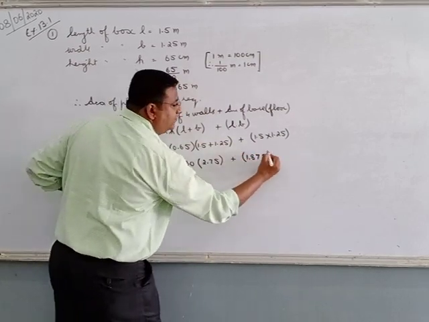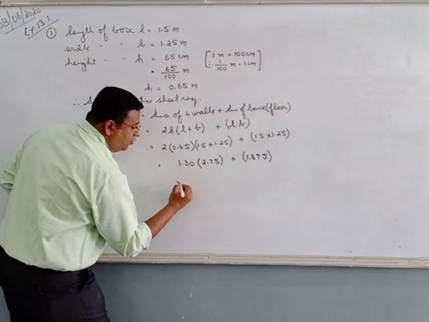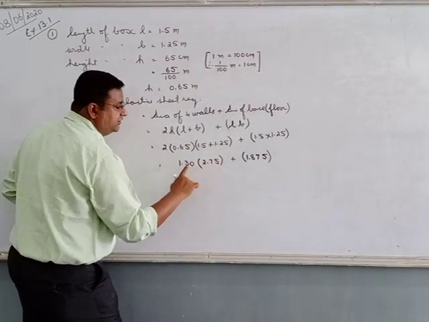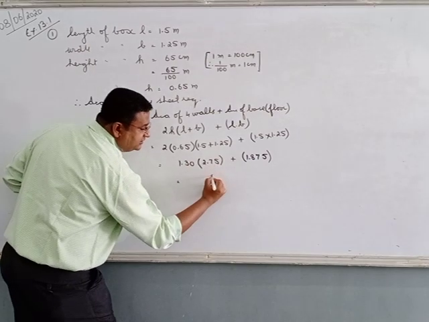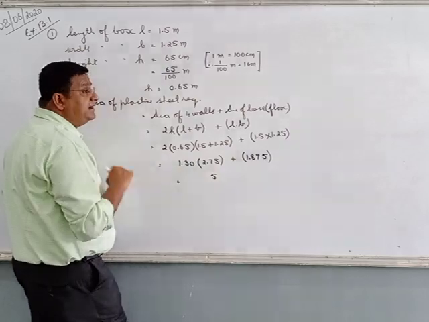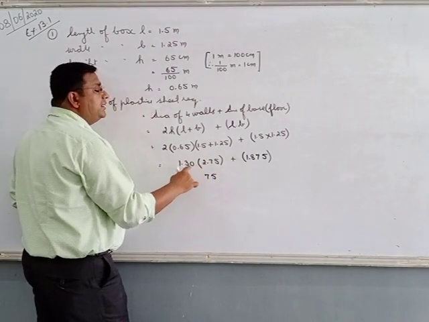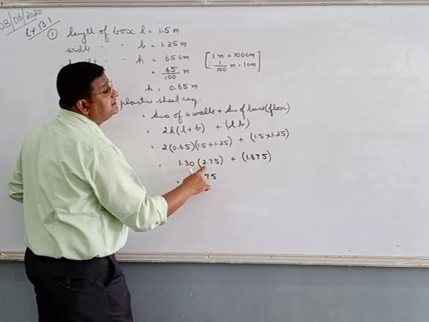This is the area of the base. 1.30 multiplied by 2.75, or we can say 13 multiplied by 2.75. So 13 5s are 65, carry 6. 13 7s are 91, 91 and 6, 97, carry 9. 13 2s are 26, 26 and 9.